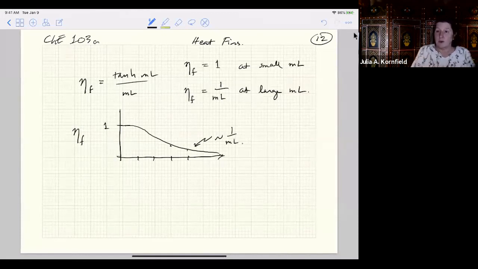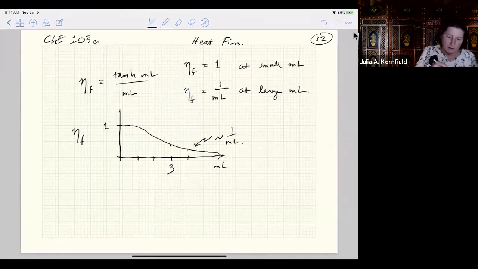So generally you want your heat fins to be well utilized. If you aren't up where the value of eta F is 1, you're not going very far down. So as one rule of thumb, you will rarely find a fin where m times L is greater than 3.